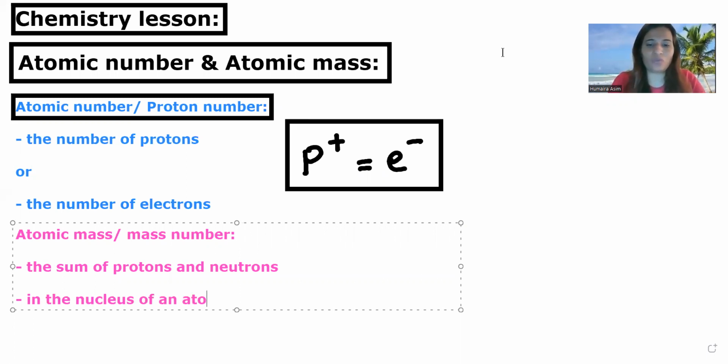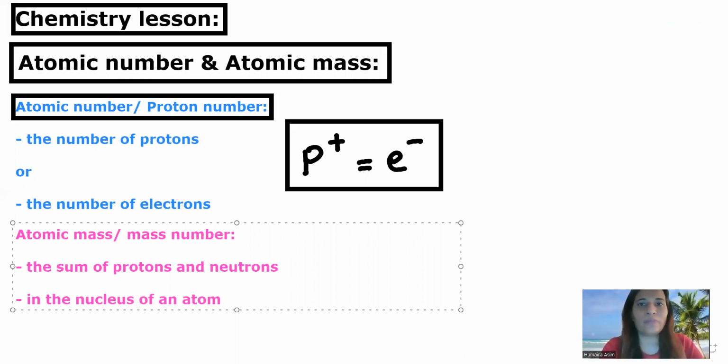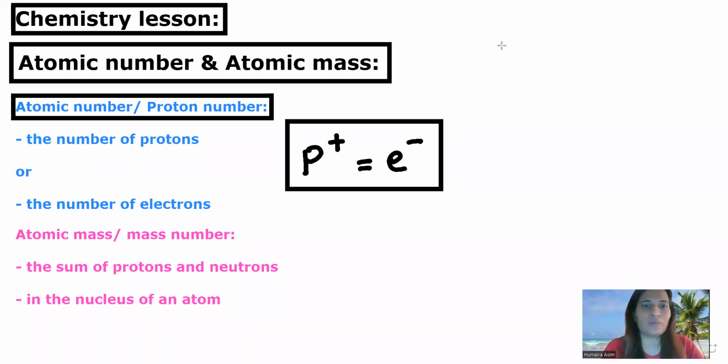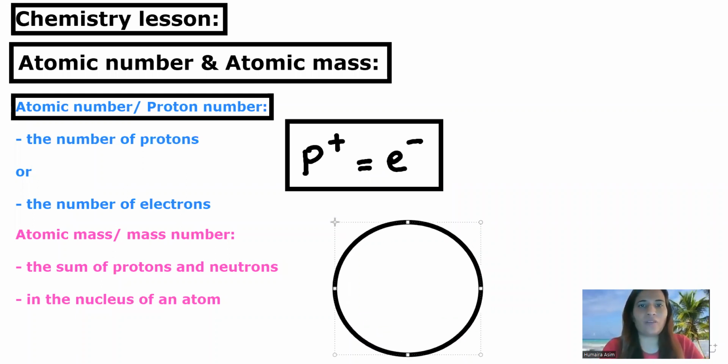Now let me show you the pictorial view of what we are talking about. Let me bring it down here. For example, here this is our atom. What do we have inside it? We have the nucleus.